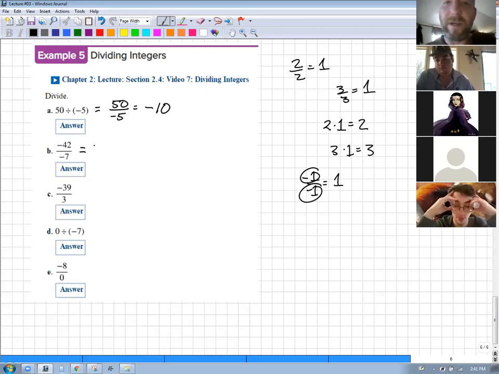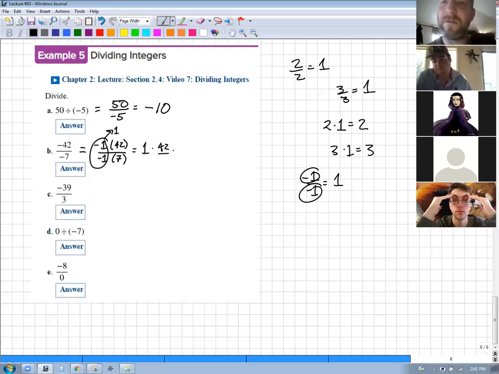So what we have over here is we really have a -1 times a 42 and a -1 times a 7. The -1 over the -1, that's just 1. So we're really looking at 1 times 42 over 7. And multiplying by 1 doesn't change anything. This is just 42 over 7.